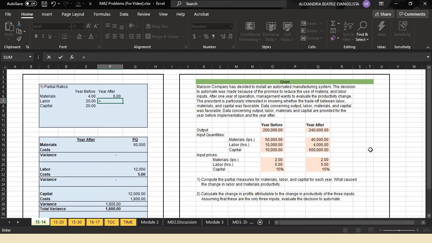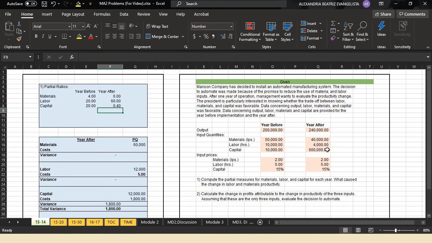As for labor, again, 240,000 divided by the input quantity in labor, which is 4,000, and that would give us 60. And lastly, for capital, we're going to divide 240,000 output by input quantity in terms of capital, which is 600,000, and that would give us 0.4.